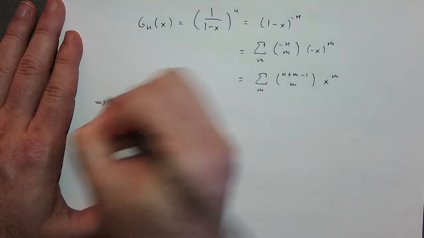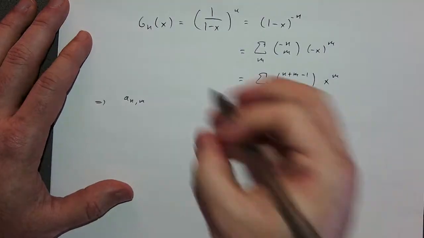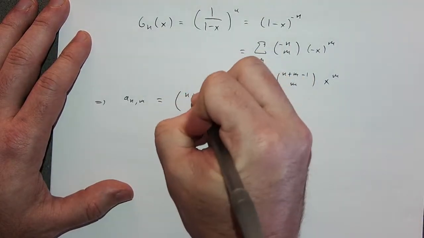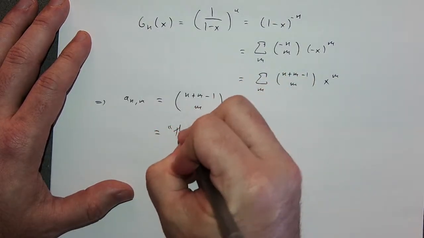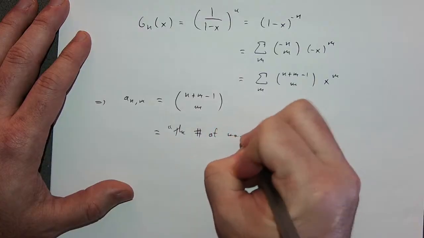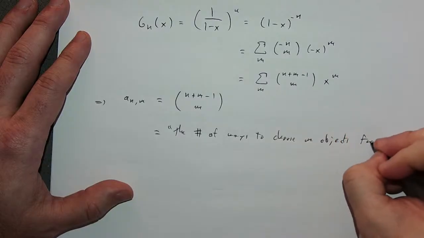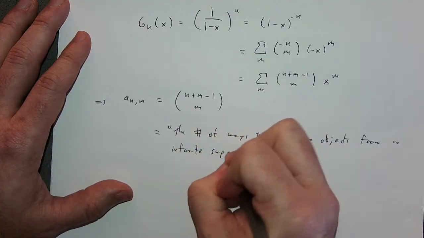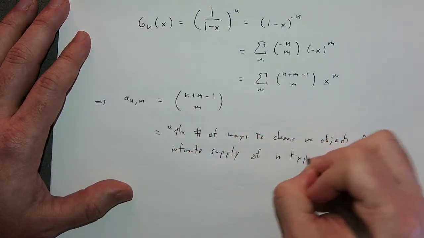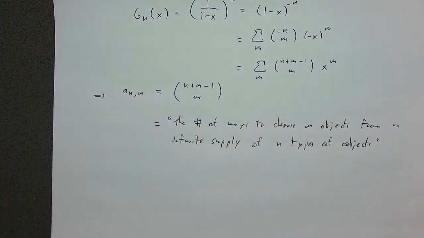And so a sub nm is the coefficient on the x to the m term, which is exactly n plus m minus 1 choose m, which is exactly the number of ways to choose m objects from an infinite supply of n types of objects, where I can choose them with repetition, right?